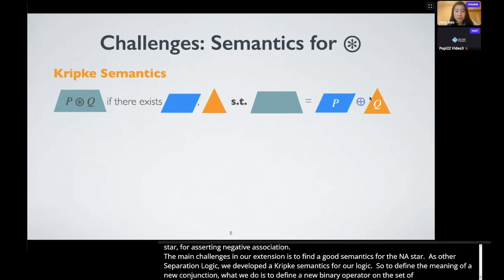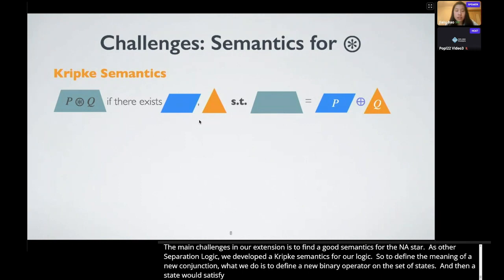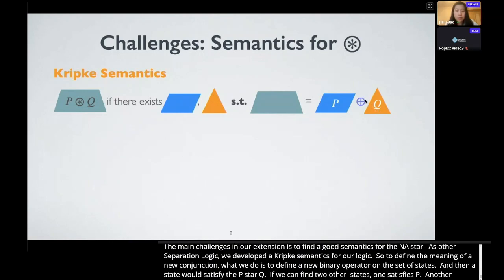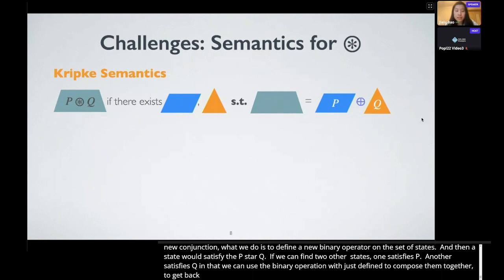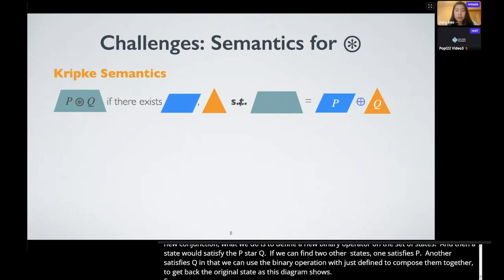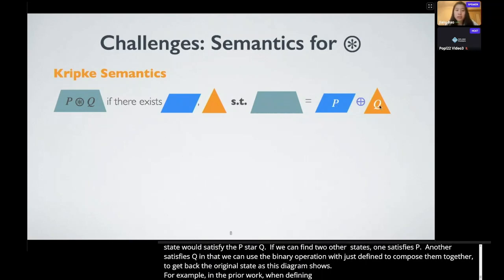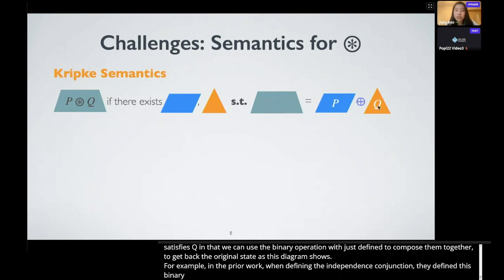A state would satisfy P star Q if we can find two other states, one satisfying P and another satisfying Q, such that we can use the binary operation we just defined to compose them together to get back the original state, as this diagram shows. For example, in the prior work, when defining the independence conjunction, they define this binary operation to be the independent product.